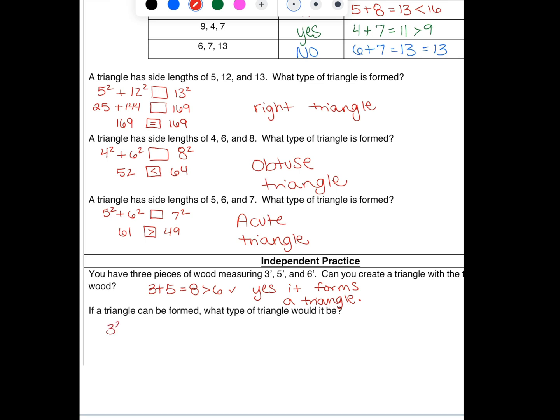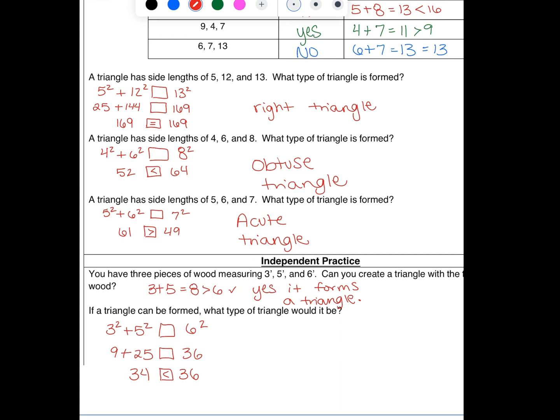We need to do 3 squared plus 5 squared, blank, 6 squared. 3 squared is 9, plus 5 squared is 25, blank, 6 squared is 36. 9 plus 25 gives us 34, blank 36. 34 is less than 36.